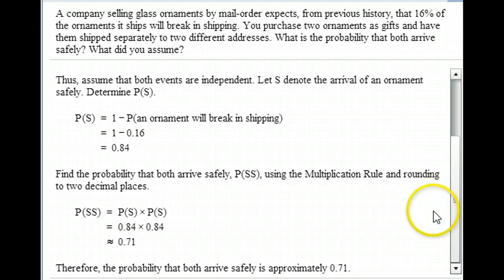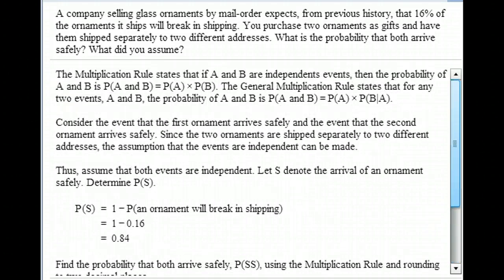Alright, so that's basically the probability that both arrive independently and are safe. It would be a little different if they were related, but in this case, based on shipping being separate and addresses being separate, it is a clear assumption.